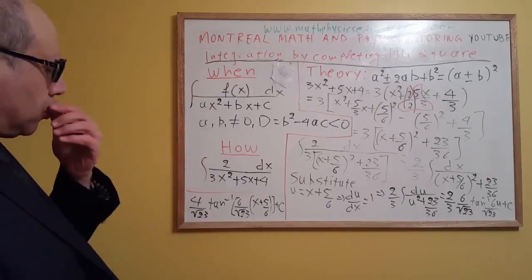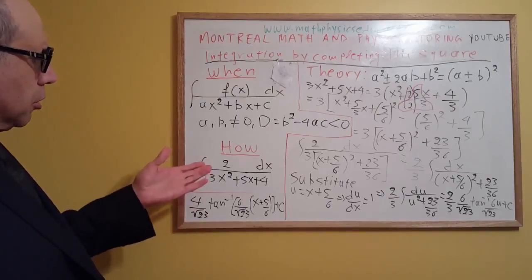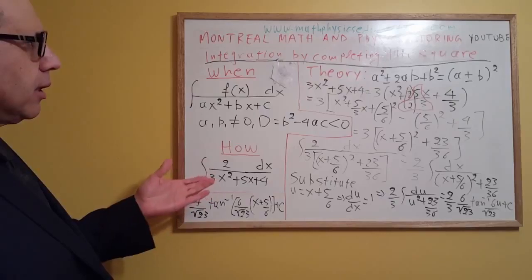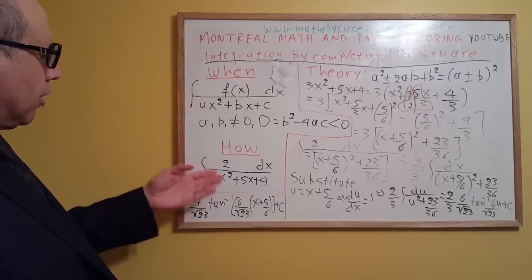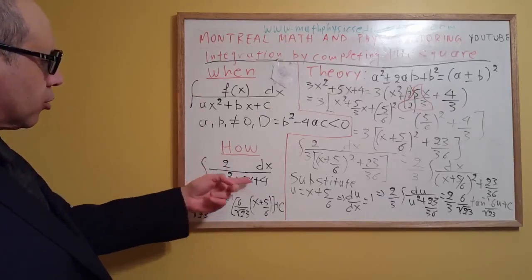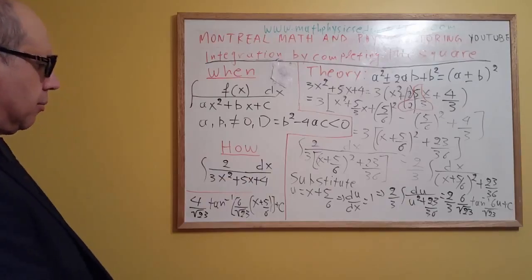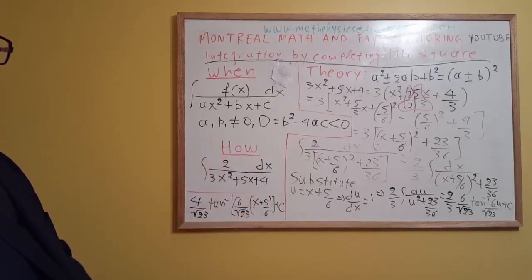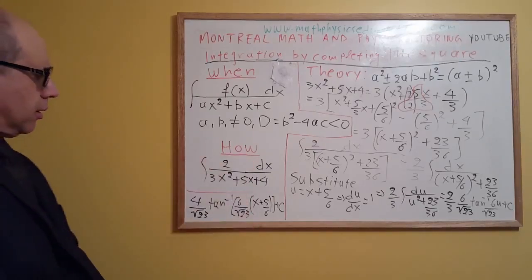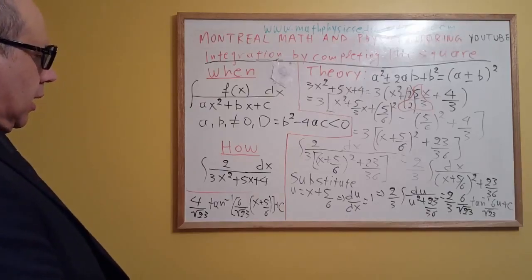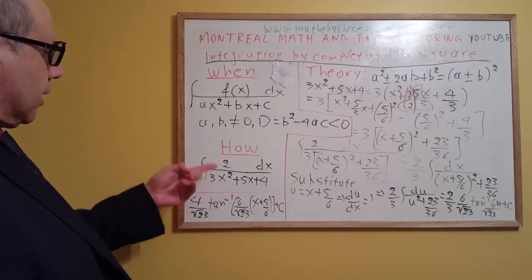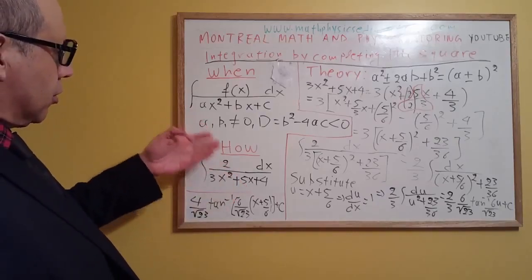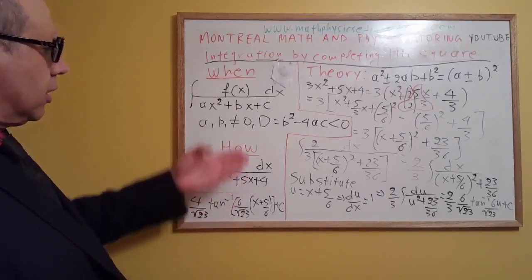So now let's see how we do it. Let's say we have an example. We have to find the integral of 2 over 3x squared plus 5x plus 4, always with respect to x. Of course, 3 and 5, which are your a and b, are different than 0.